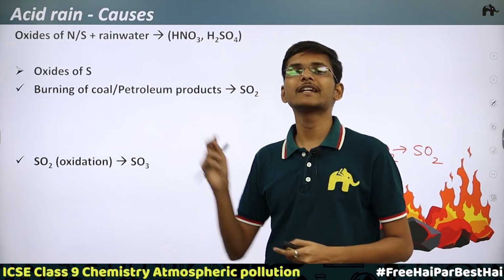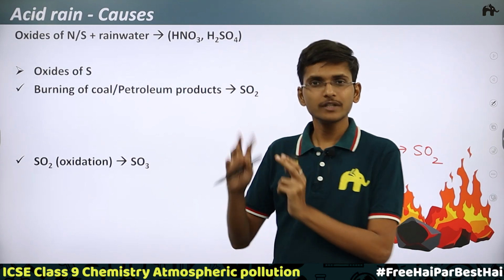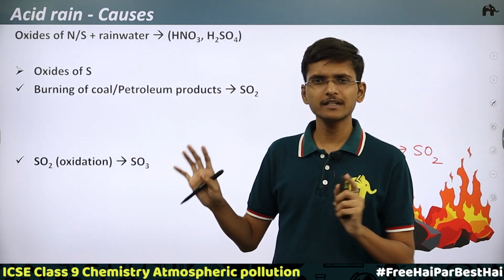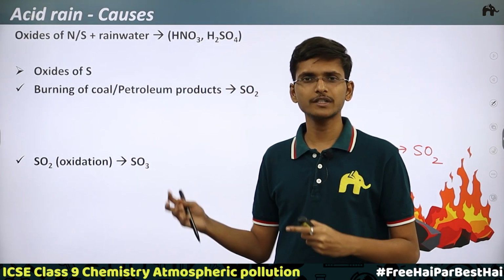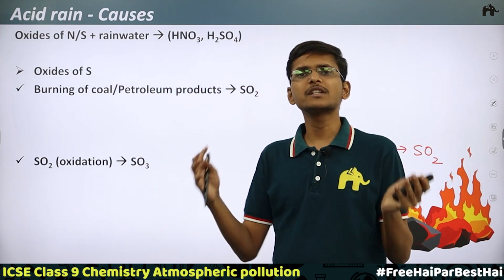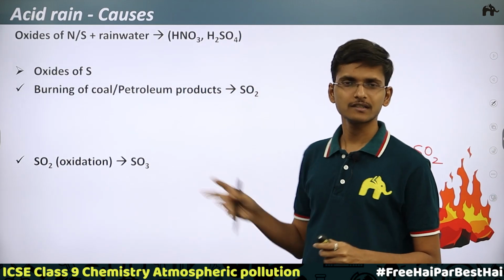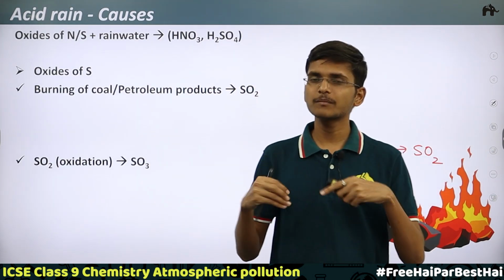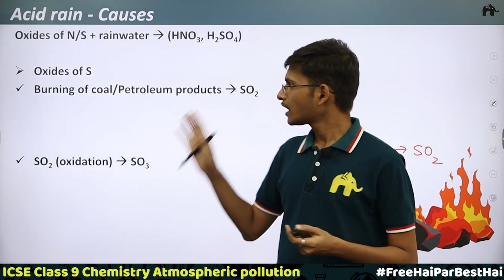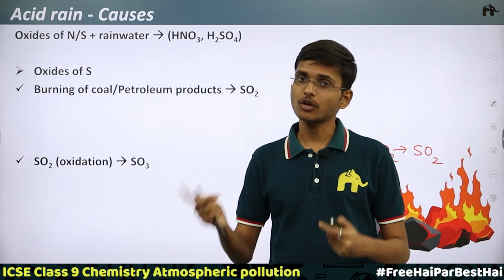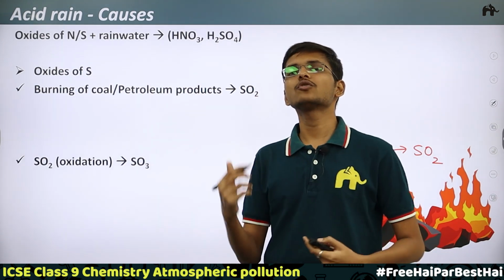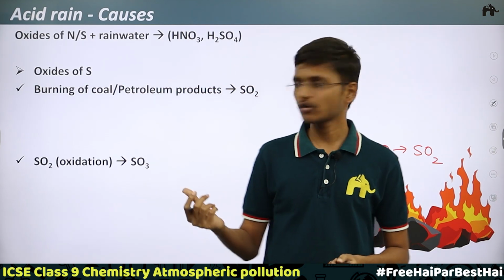They are not directly producing nitric oxide, but they are generating sufficient temperature so that the nitrogen and oxygen react. Here sulfur dioxide is being produced by the combustion of petroleum products, and this sulfur dioxide doesn't stop there. It also gets oxidized to sulfur trioxide.